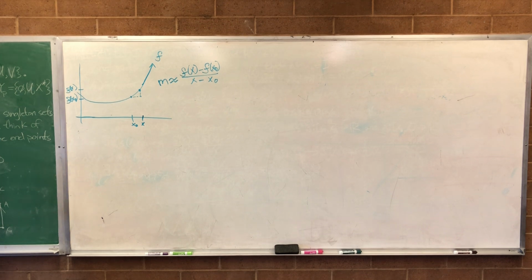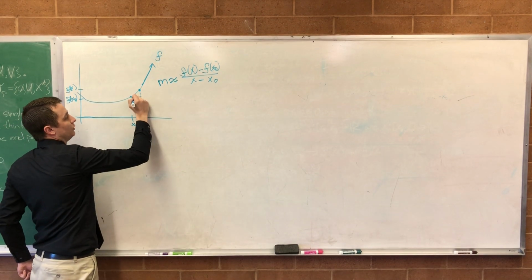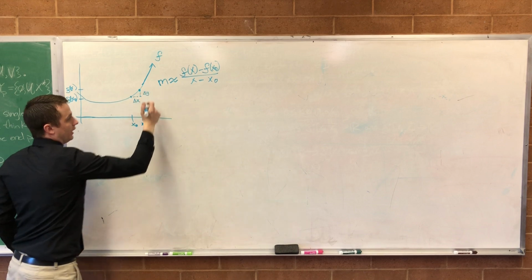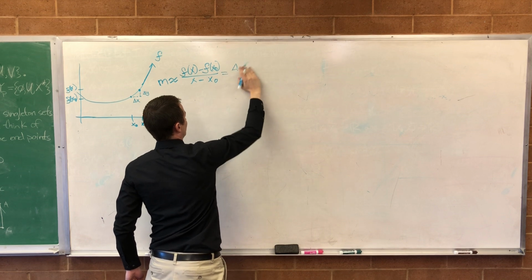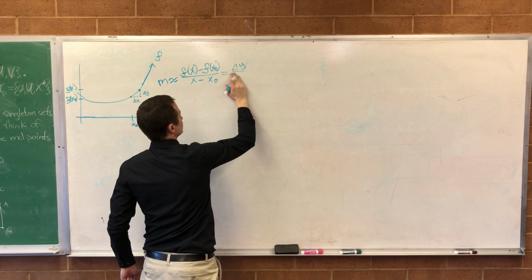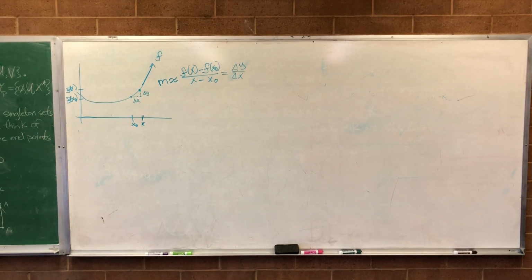Right? Follow the algebra there? So another notation that's commonly used for these is our change in x, we use delta x, and our change in y, we use delta y. So we could also call this delta y over delta x, our change in y over our change in x. Just notation.